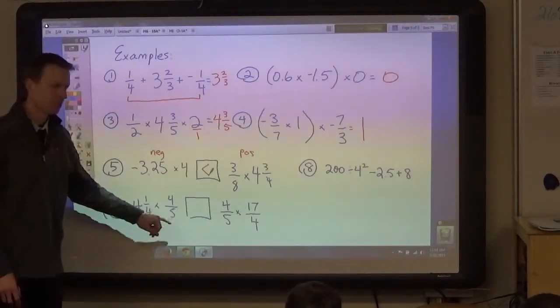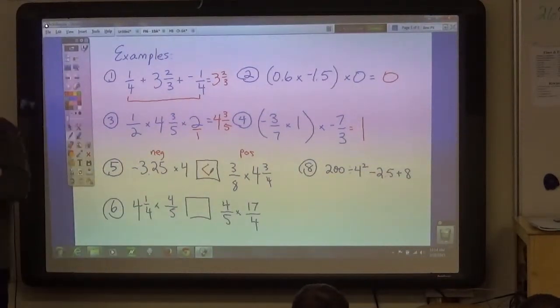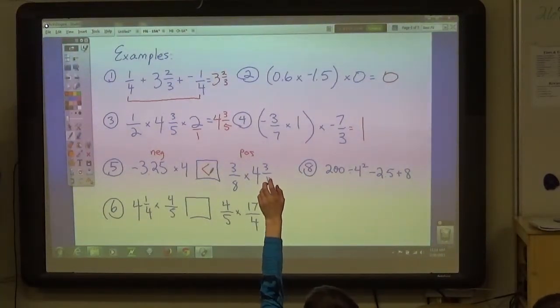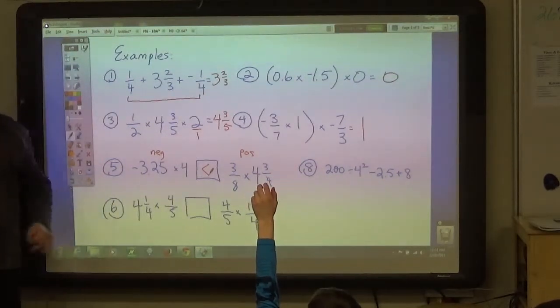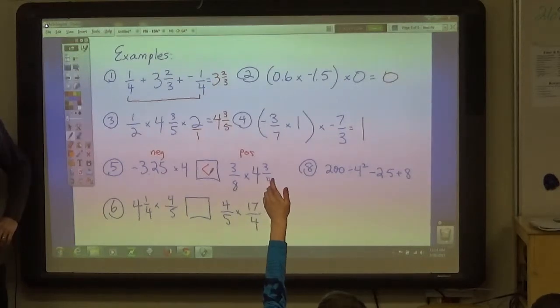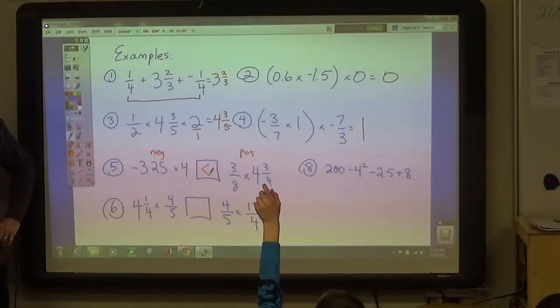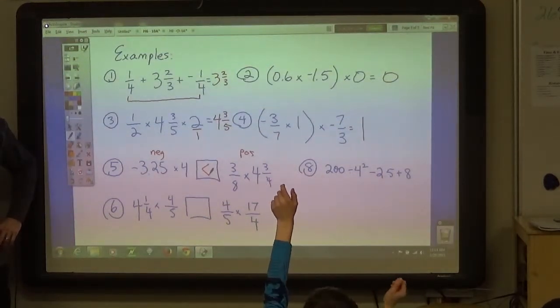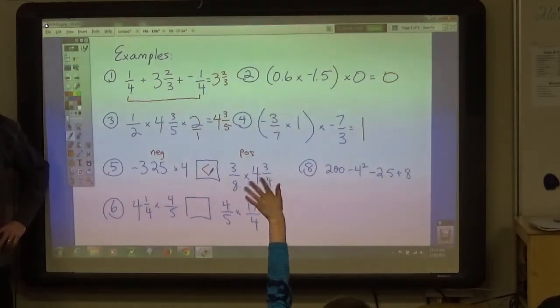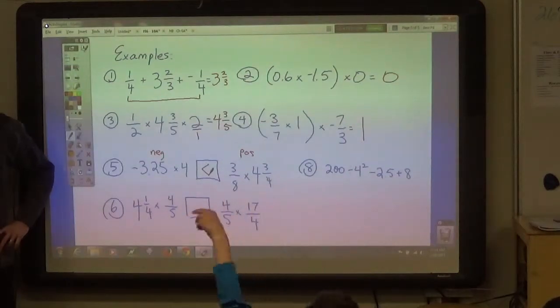How about this one? Merlin. What concepts are in this one? Why are they equal?